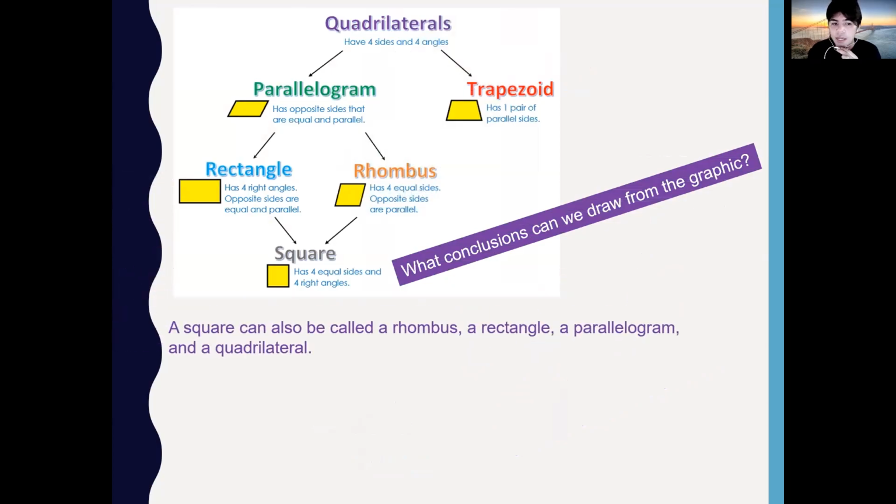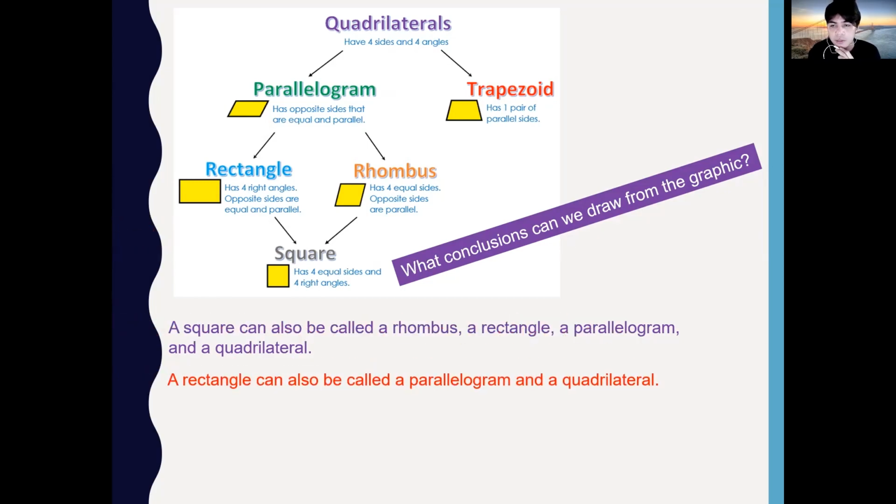We can say a square can also be called a rhombus, a rectangle, a parallelogram, and a quadrilateral, since the description of the square can cover those. Yes, you can call a square a rhombus, rectangle, parallelogram, and quadrilateral.